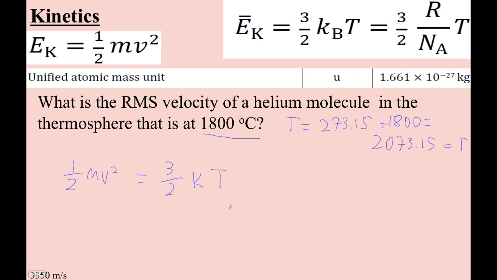Okay, so what is the mass of a helium molecule? Well, a helium molecule is 4.003 atomic mass units, and each one of those is this. So the mass of a helium atom in kilograms is 4.003 U's, I just looked that up on a periodic table, times 1.661 times 10 to the minus 27th, and that's kilograms per U. So let's do that too.